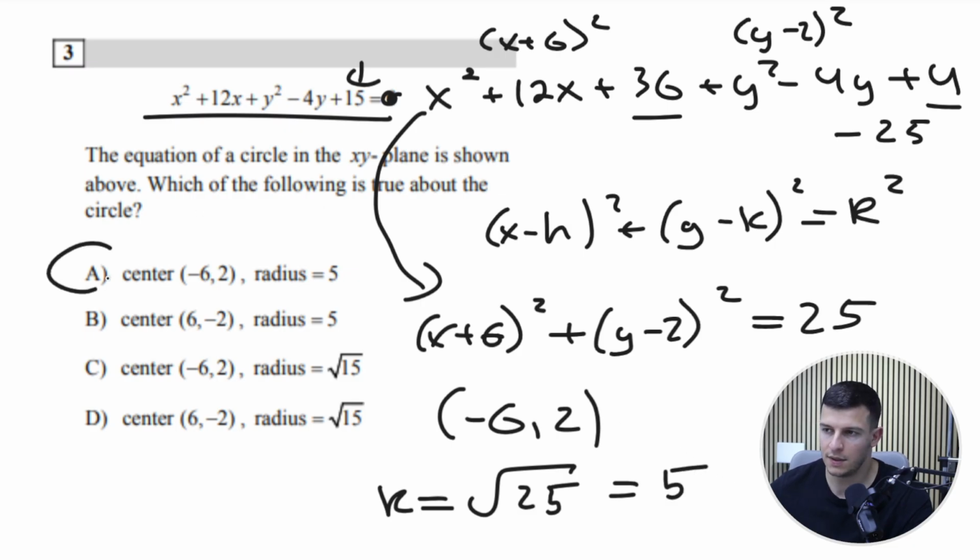So the answer is negative 6, 2, and radius is 5.